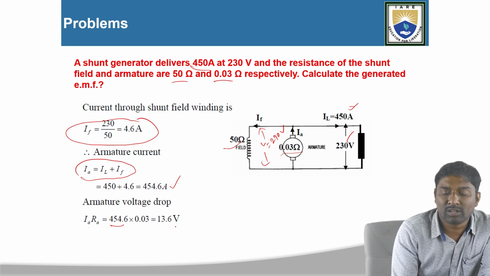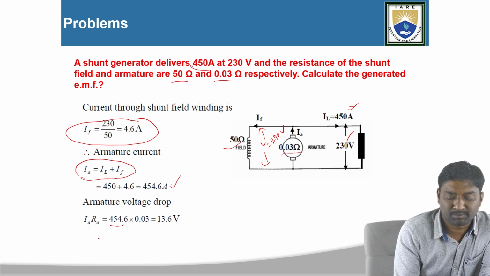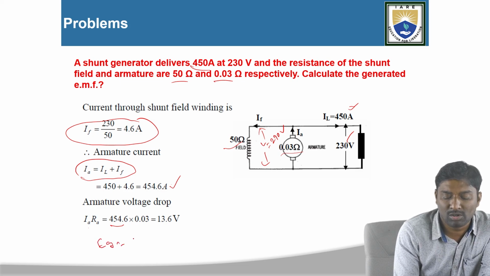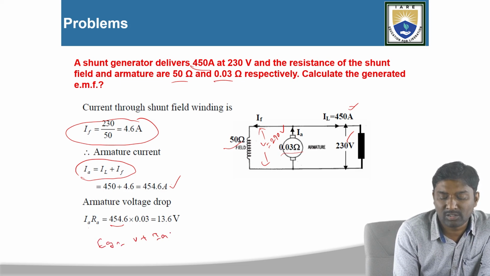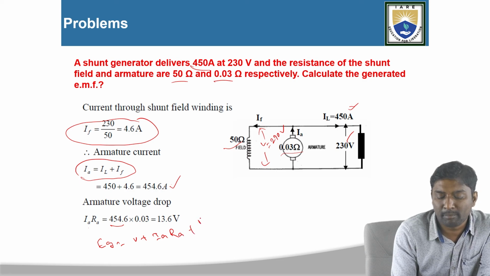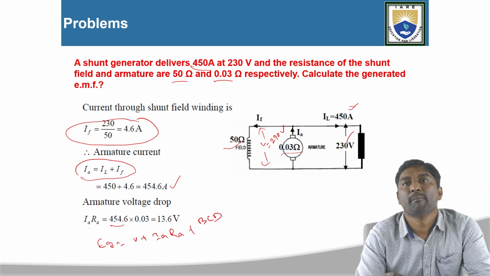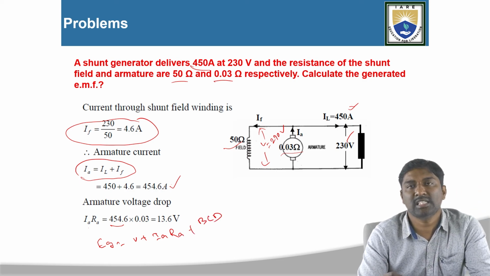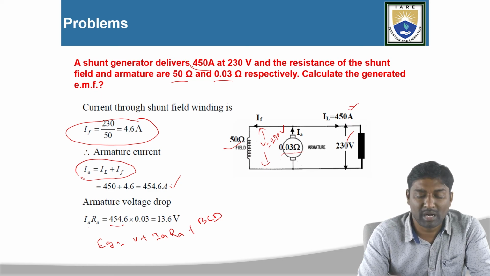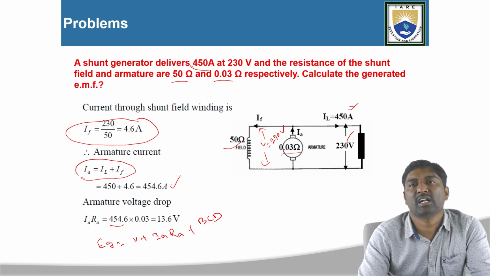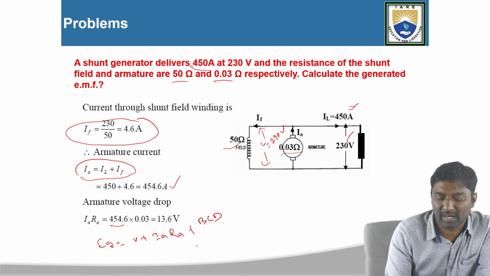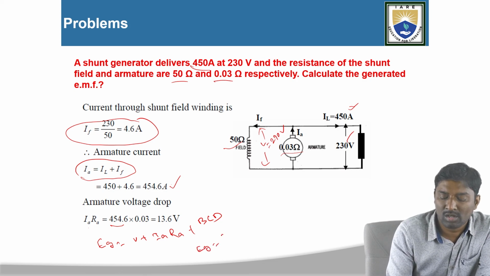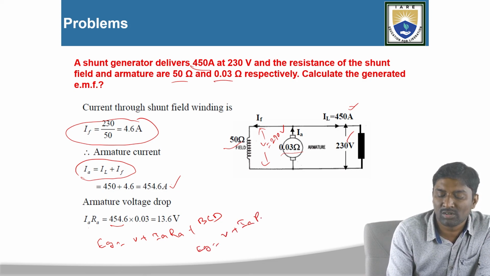According to the shunt generator voltage equation, EG is equal to V plus IA into RA plus BCD, the brush contact drop. But the brush contact drop was not given, so you can neglect it and write EG is equal to V plus IA into RA.